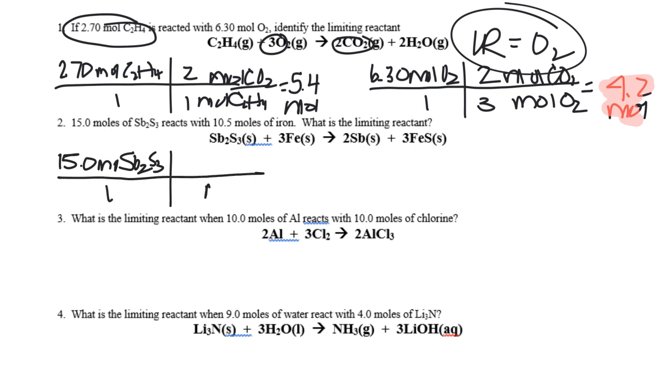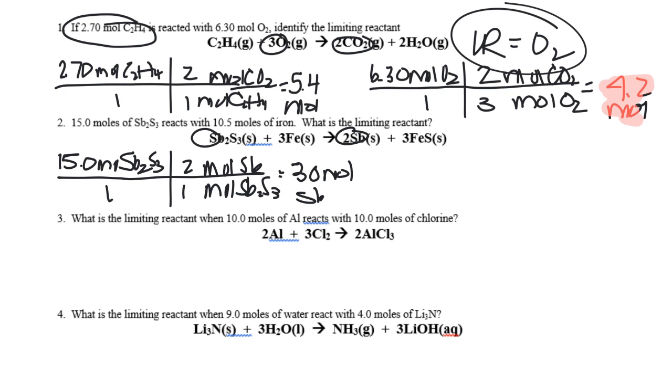I'm going to bring moles Sb2S3 down, and I'm going to go to moles of Sb. I have a 2 next to Sb. I have a 1 next to Sb2S3. So I can make 30 moles of Sb if all of the Sb2S3 is used up.